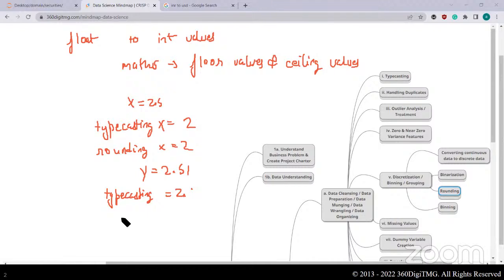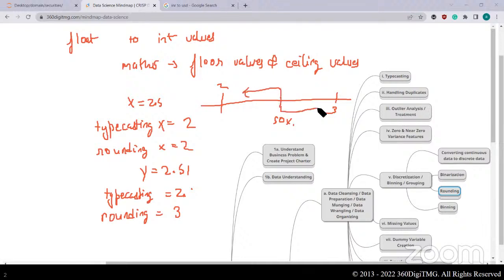In rounding, this would be 3. So in rounding, it depends on where that number lies on the number line. For example, you have this number line, you have 3, and this is your 50% value. Anything that is on the 50% value or lower will go to 2. Anything that is after the 50% value will go to 3. So that is rounding.